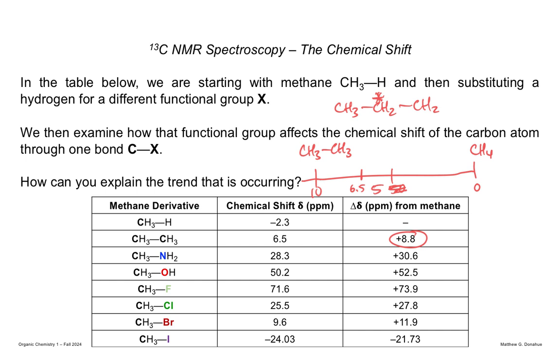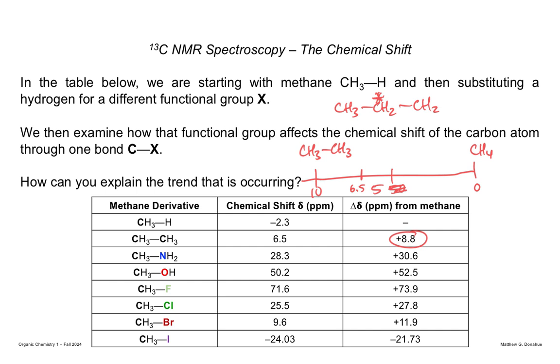Well, you can think of it this way. You're going to take ethane, you're going to take one of those H's and add a CH3. So you're essentially doubling that. So maybe like 15, 16.